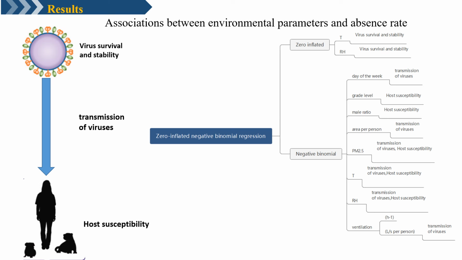In the next step, we use zero-inflated negative binomial model. We call it ZINB model to study the associations between school environment and respiratory infections. Firstly, the environmental parameters in day 1 through day 7 were combined to calculate an average index.